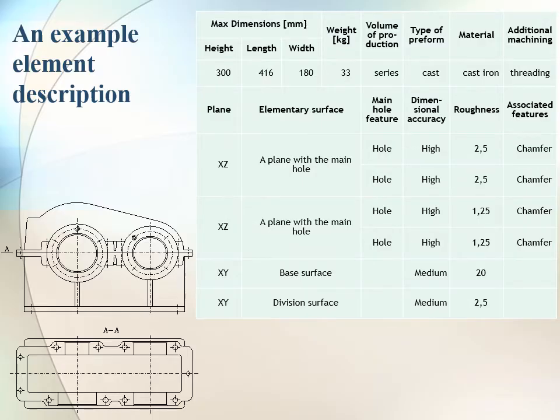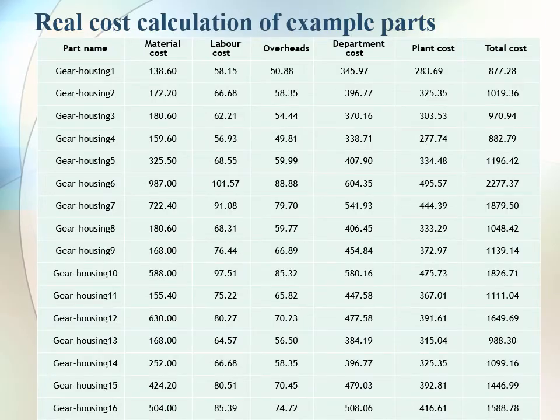So as I said, we have 16 test elements. Each of them is somehow similar to this one. This is a very simplified description of those elements, so I'm going to skip it. We also have this real cost calculation of our example part based on material cost, labor cost, and other parts.